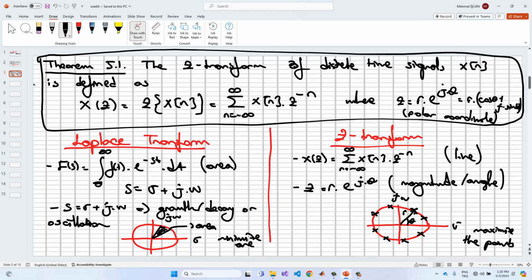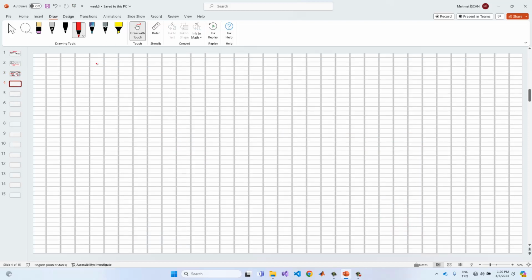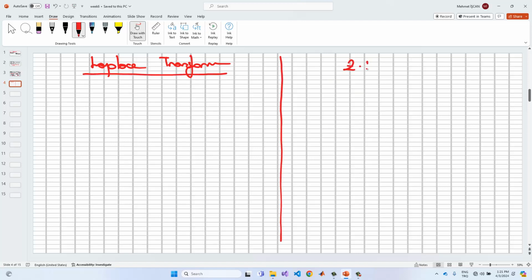So, another important term about the Laplace transform and Z transform is the example notation.